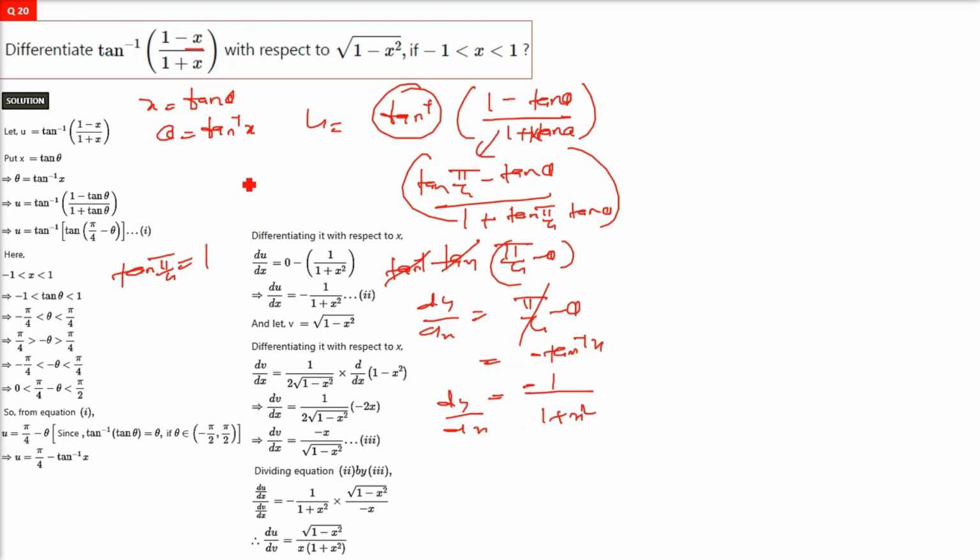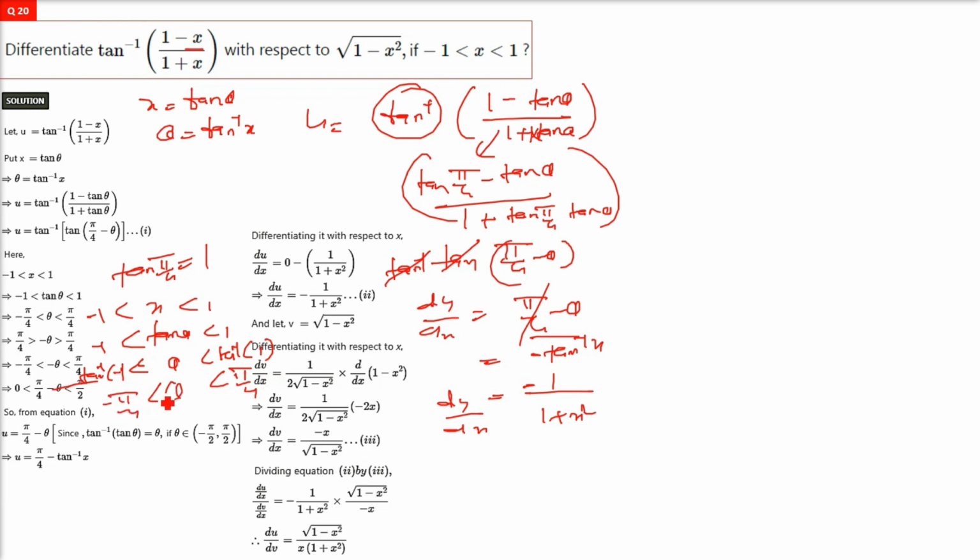Then we have this dv by dx. So x is between minus 1 and 1. So x is tan theta, and this is minus 1 and 1. Okay, just remember, we just don't have to check theta here. We have to check for pi by 4 minus theta. In order to do that, first you have to multiply everything by negative 1. Whenever we multiply by negative 1, the inequality will change.